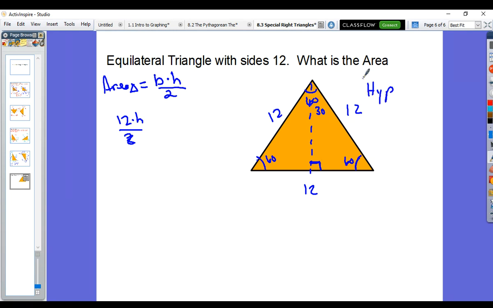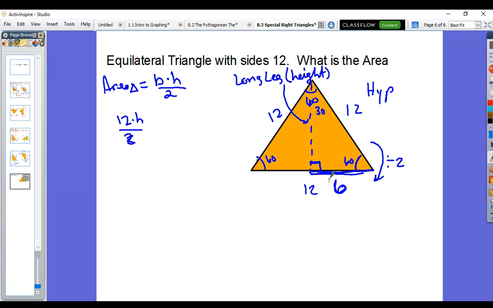That means our short side, just only this part right here, we're going from hypotenuse to short side, we're going to divide by 2, giving us 6. That's important to know because now we can figure out our long leg, which also happens to be our height.